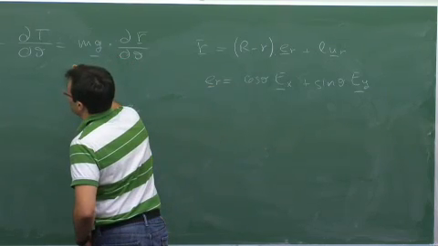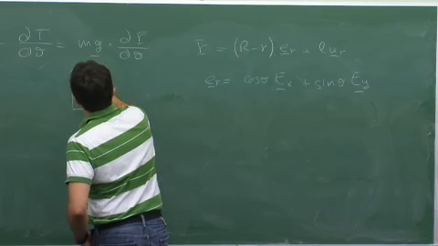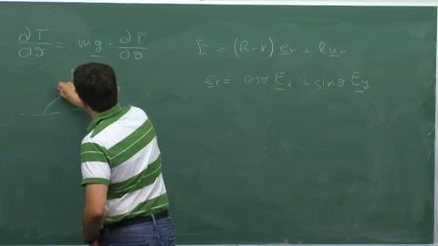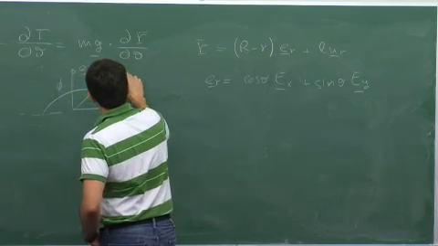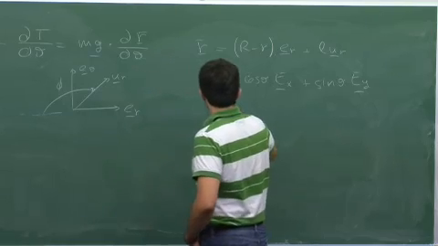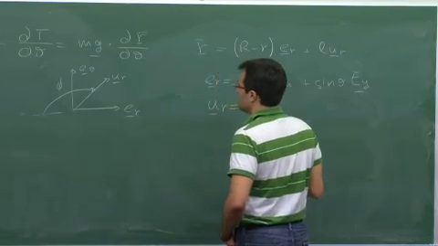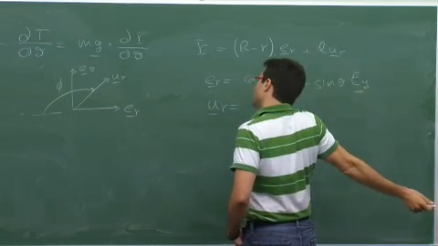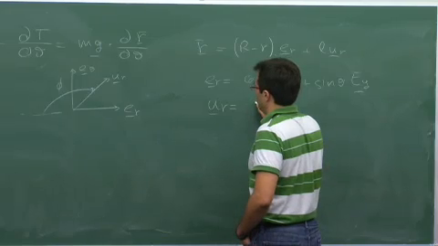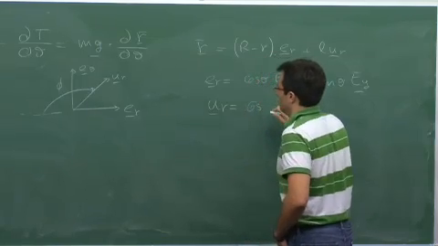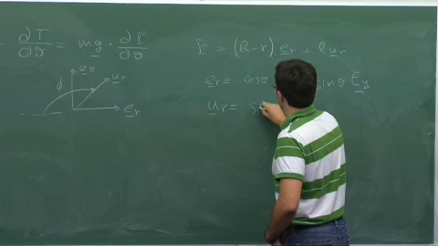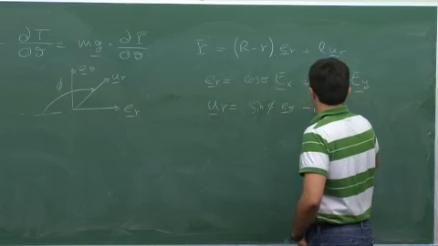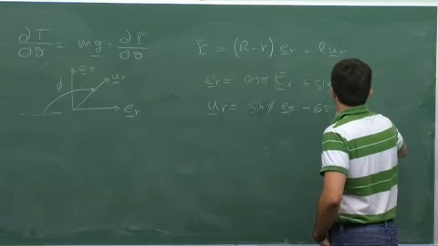This is ER, this is E theta, and we said that rotating by an angle phi, I see my UR here. And so UR is equal to what? Sine phi E theta minus cos phi ER. Yes.